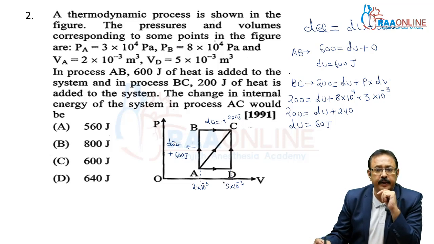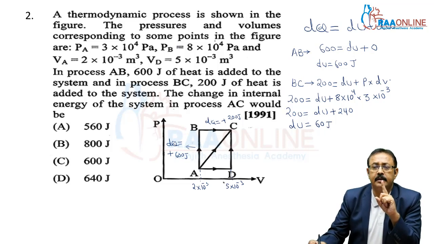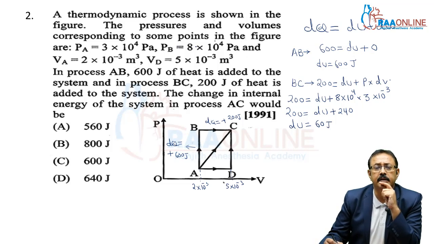From A to B, the internal energy is increased by 600 joule because the system was absorbing. PA is 8 into 10 to the power 4.